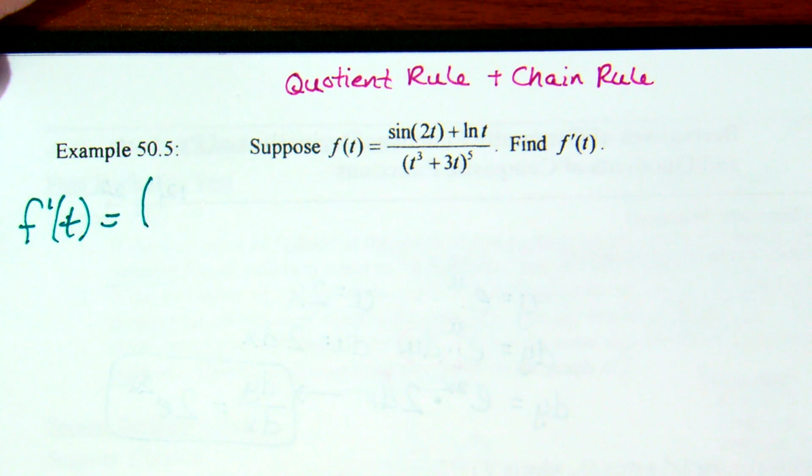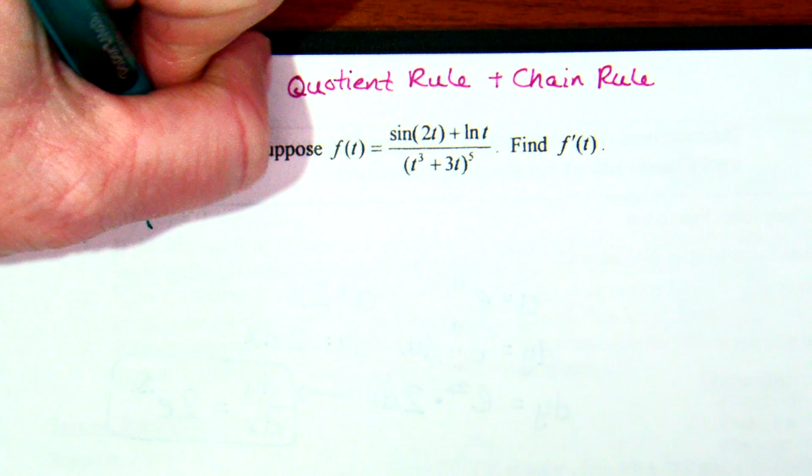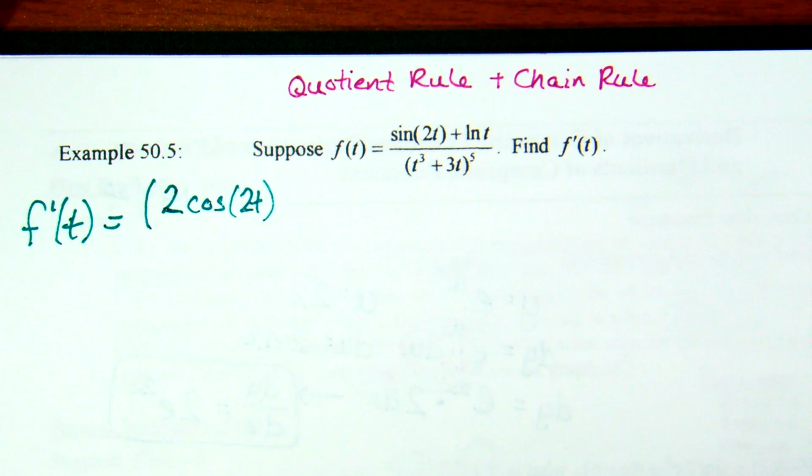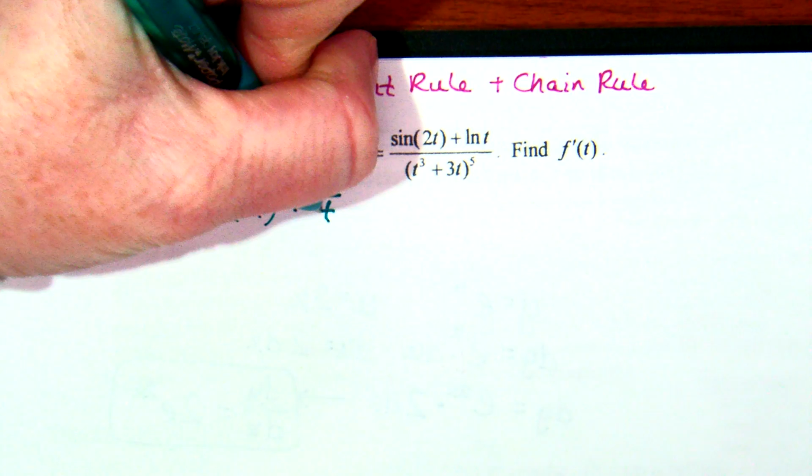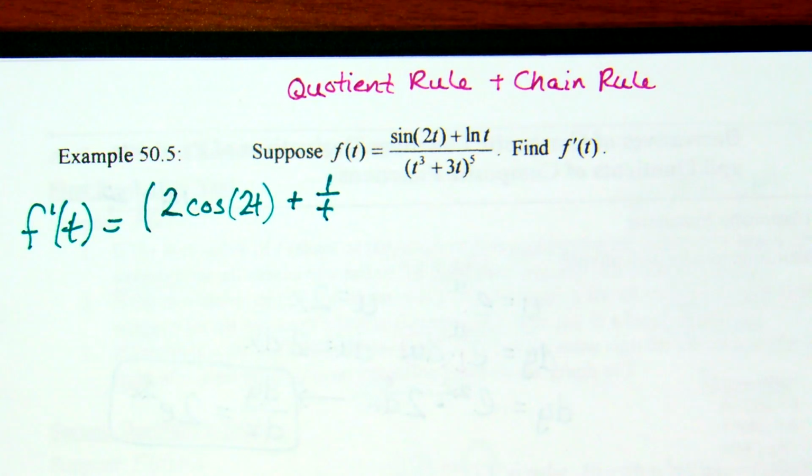So I'm going to go ahead and say 2 cosine 2t. Plus, we're still doing derivative. Derivative of natural log of t is 1 over t. And officially you can say then times the derivative of t, but derivative of t is just 1.